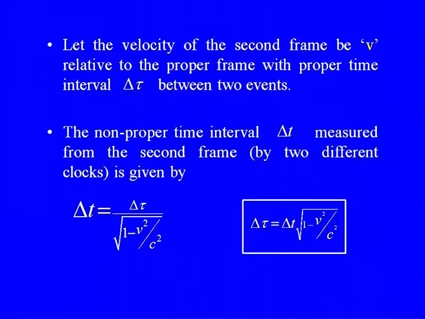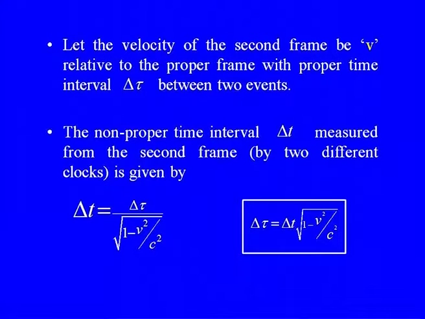So if the velocity of another frame is v relative to the proper frame, with proper time interval delta tau between these events, then the non-proper time interval delta t measured from the second frame, by subtracting the times measured from two different clocks, will be delta tau divided by root over of 1 minus v square by c square.